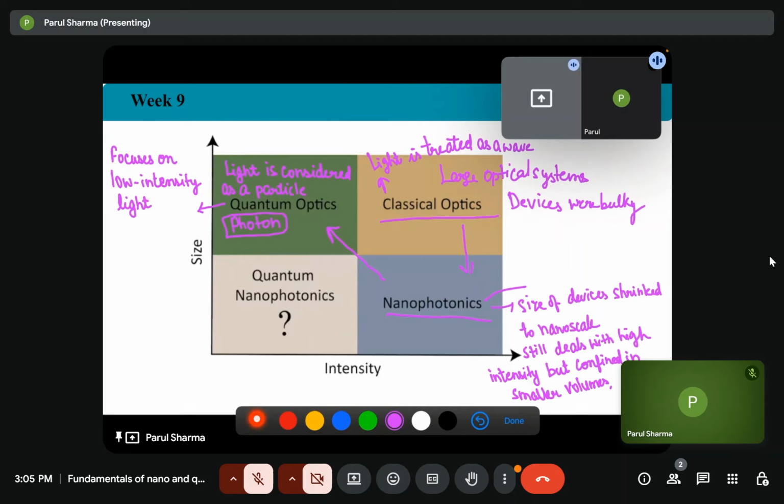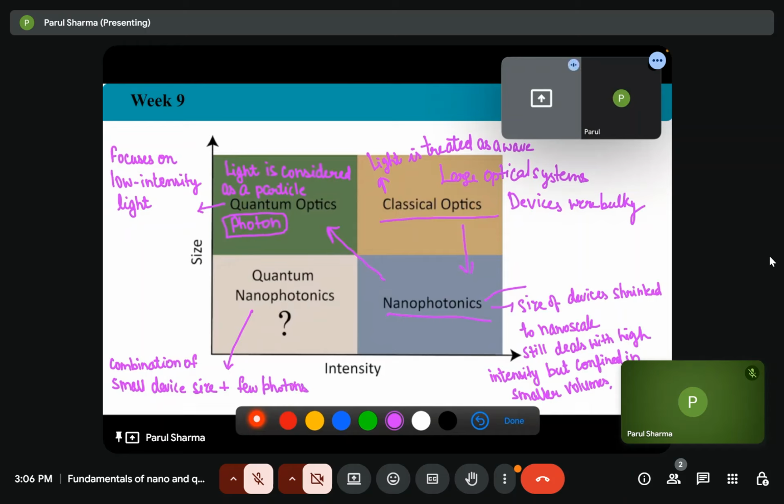And the next era, the future, is quantum nanophotonics. Quantum nanophotonics is a combination of small device size plus low intensity, that is few photons.